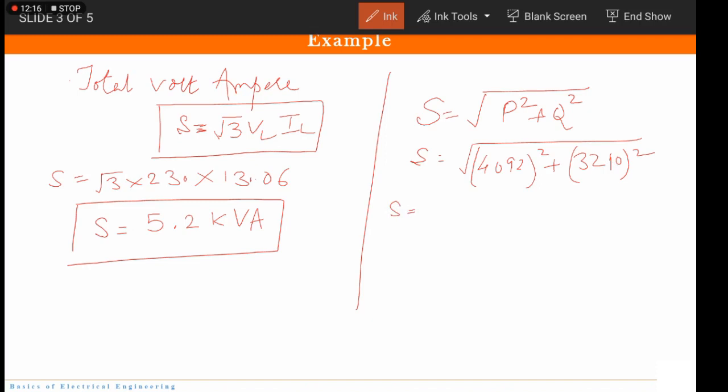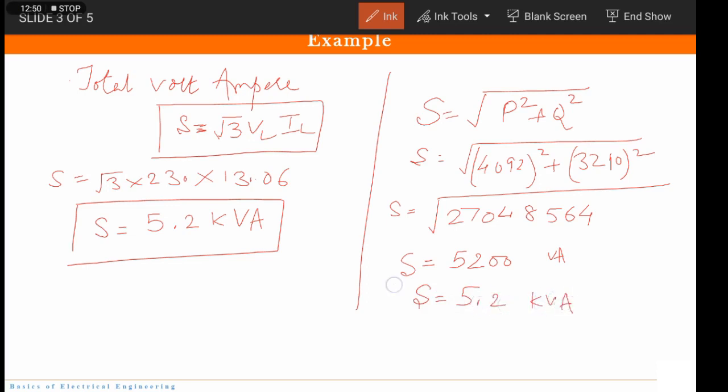After adding these and taking the square root of this large number, it comes out to be 5200 VA, or S comes out to be 5.2 kVA. So whichever way you prefer, you can calculate it. Fine. So this is it.